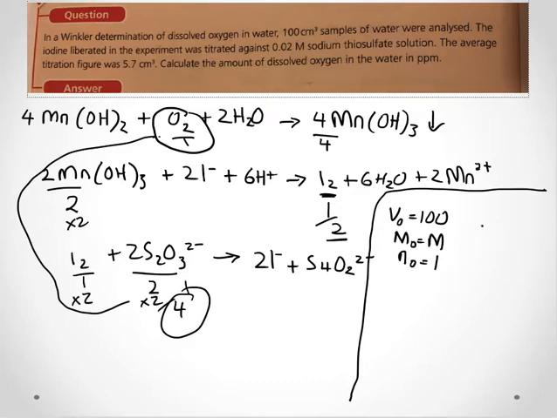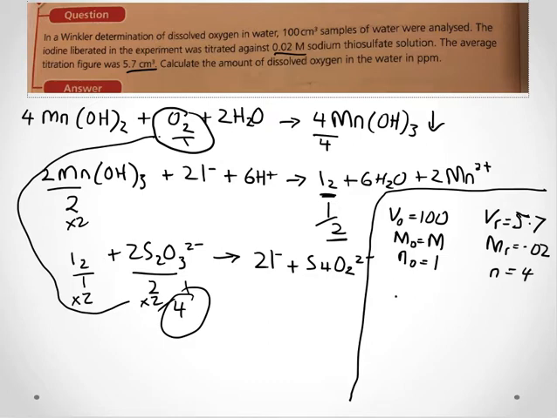And then if we do the same for our thiosulfate, so that's the reducing agent here, the volume of the reducing agent in this case was 5.7 centimeters cubed, our average titer. Our molarity, also mentioned up in the question, was 0.02 molar thiosulfate, and the N, which we've worked out over here, is 4.